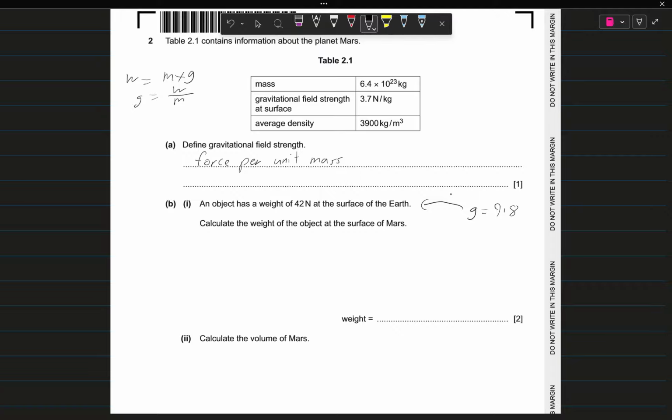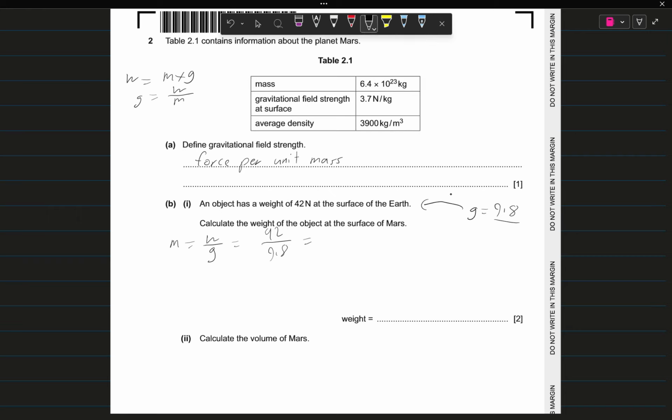Previously it was 10, but now in the current specification of the syllabus, it is 9.8. So we use that. Now, if we derive the mass from this formula, mass will be weight over g, gravitational field strength, so that will be 42 over 9.8.